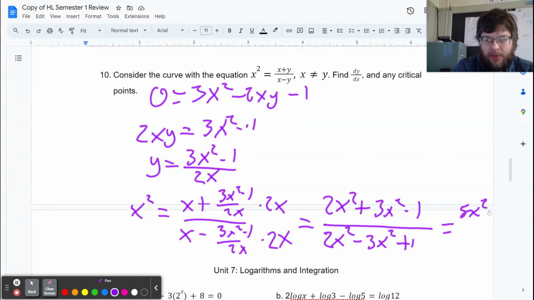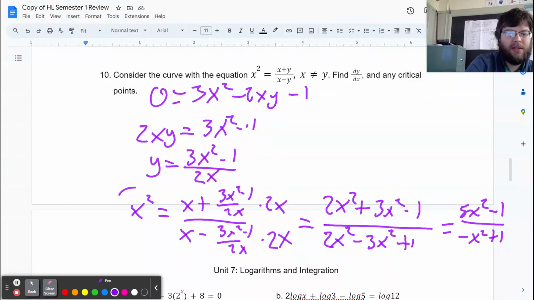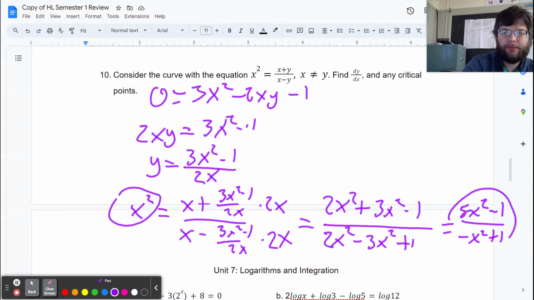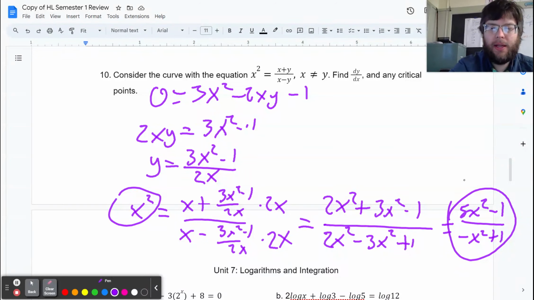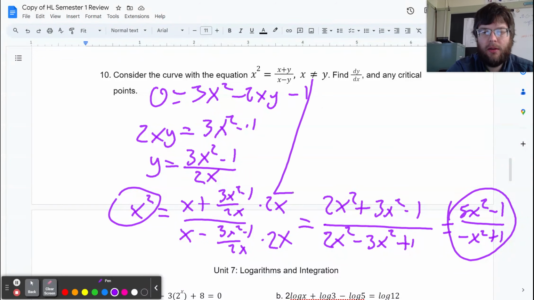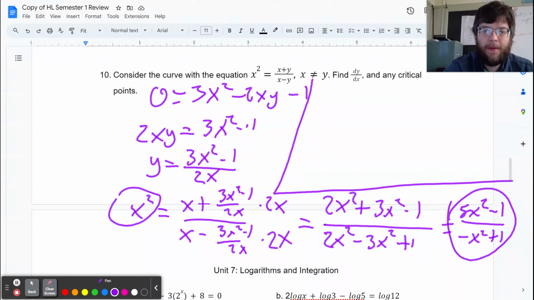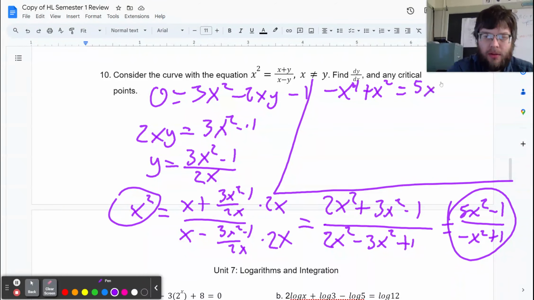Combining like terms gives me 5x squared minus 1 over negative x squared plus 1. Remember that this is equal to x squared, so I can multiply by the denominator. And if I multiply by the denominator, I have negative x to the fourth plus x squared equals 5x squared minus 1.